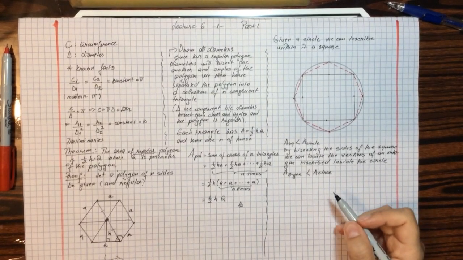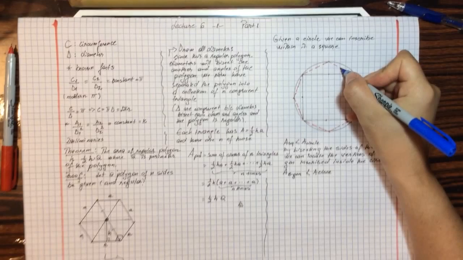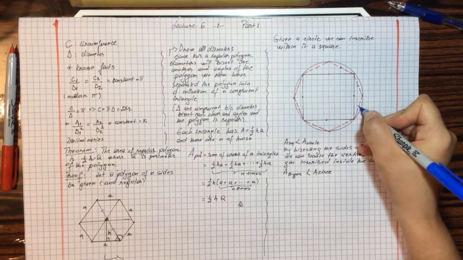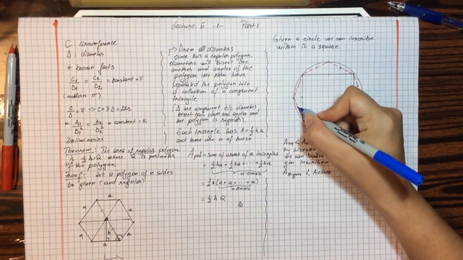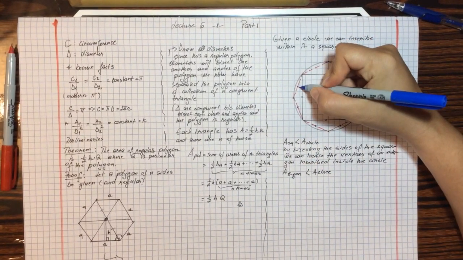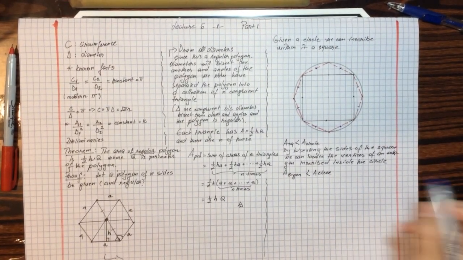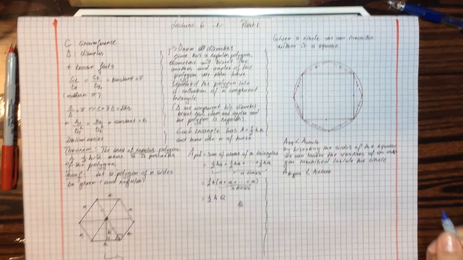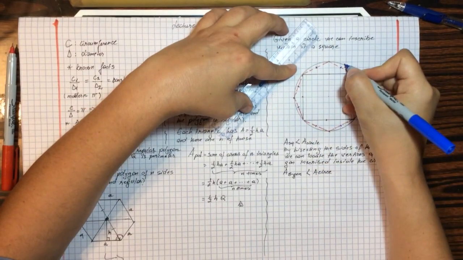So again, we bisect the sides of the octagon, and by doing so, we are locating the vertices of a regular polygon with 16 sides inscribed in the circle. So it's a bit difficult now to, let's see.